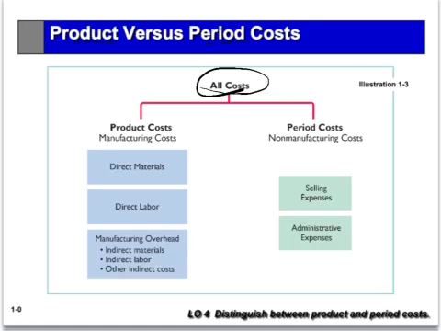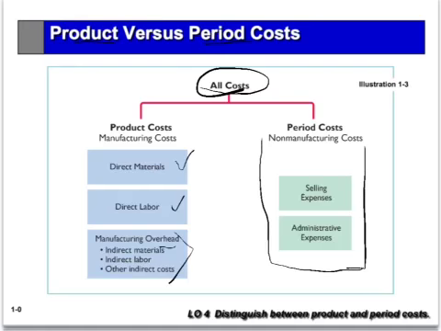You must know this distinction. Product costs are further classified as direct materials, direct labor, or indirect costs, all categorized as manufacturing overhead. Period costs are expensed in the accounting period in which they're incurred, and that is selling, marketing, advertising, and all other kinds of general administration expenses. All of this was detailed in the last video.